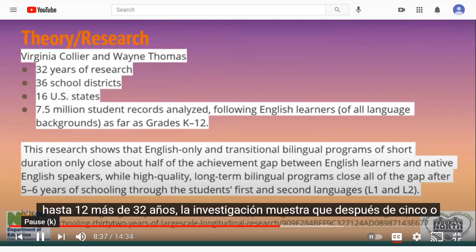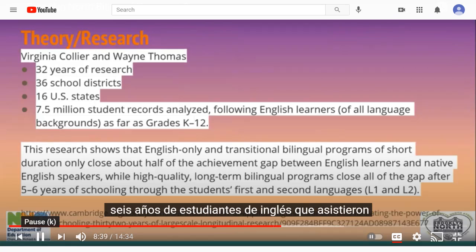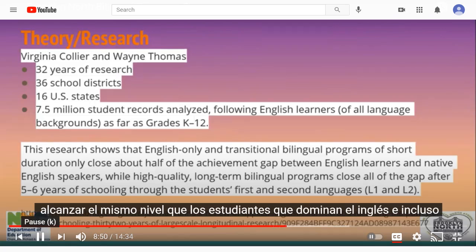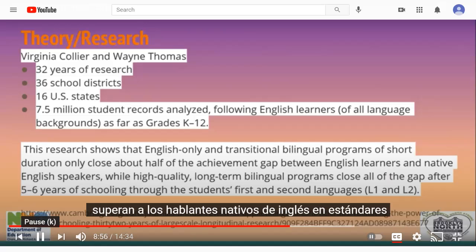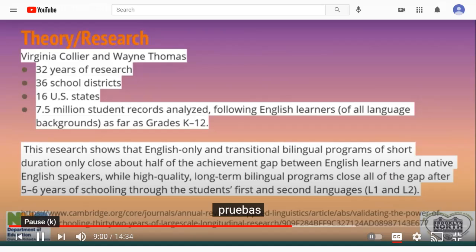The research shows that after 5 or 6 years, English language learners who attended high-quality, long-term dual language programs achieve at the same level as students who are English proficient and may even outperform native English speakers on standardized tests.